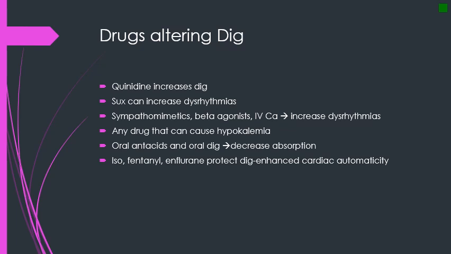Giving oral antacids with oral digoxin decreases the absorption of the oral digoxin, and as you know, oral digoxin has a decreased absorption as compared to your IV digoxin, which has immediate effects. Your isoflurane and fluorane all protect against those dig-enhanced cardiac automaticity, so those medications will actually help.